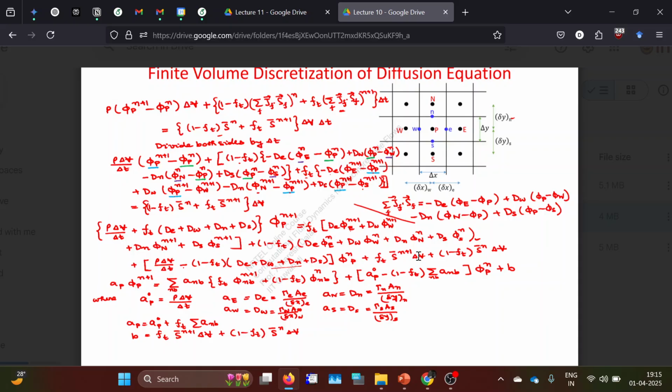Yeah, but thermal diffusivity, I think it only captures the thermal diffusion, because it is k by rho cp. So k is conduction, and rho cp is specific heat.